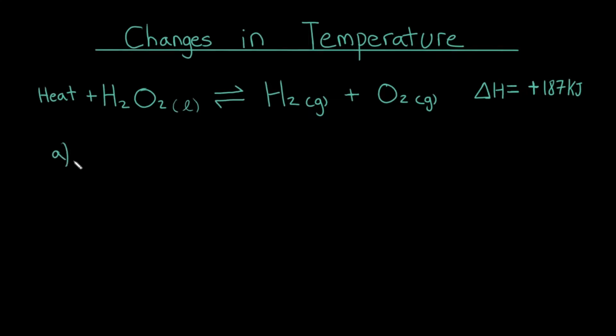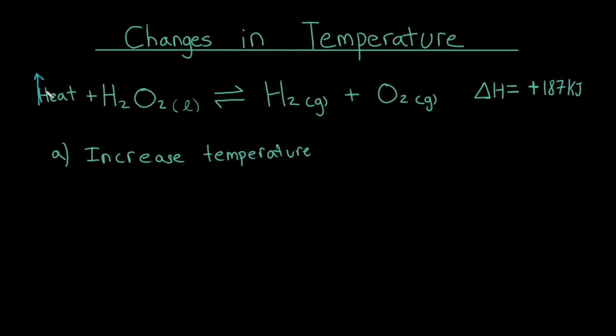So the first question we are asked is, what happens to the equilibrium when we increase the temperature of the system? So I'm going to do the same thing by drawing the arrows. So initially, we increase the temperature, or the heat, of the system.